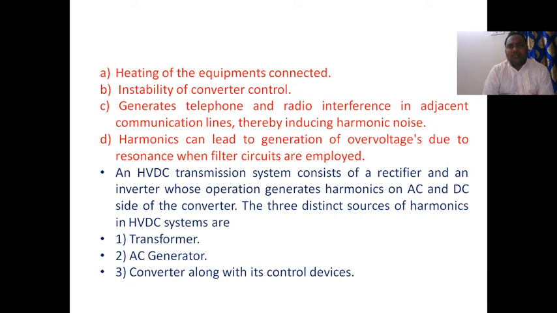Normally we give the firing angle as some 20 degrees or 30 degrees. At the exact firing angle it will not conduct, and some deviations will be present. If the firing angle is 29 or 31 degrees, it causes a change of wave shape in the output. This is also a cause for harmonics. The converter produces more harmonics compared to transformers and generators.